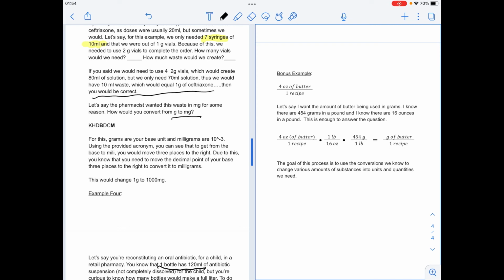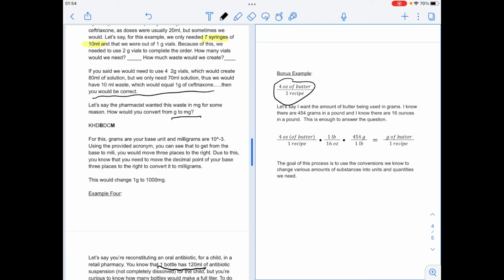So let's say I want the amount of butter being used in grams for this recipe. So right here I have 4 ounces of butter for that recipe. So if I want that in grams, I know that there are 154 grams in a pound, and I know that there are 16 ounces in a pound.